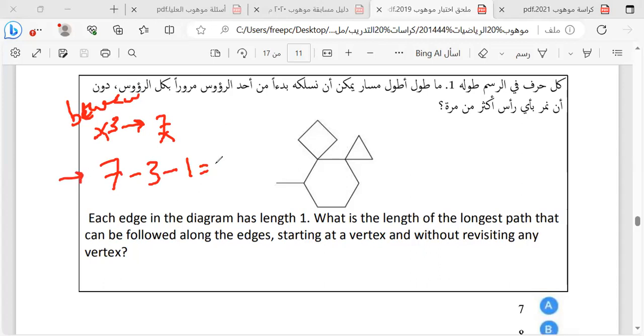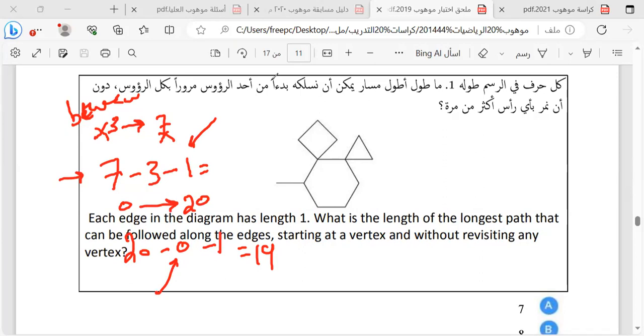Here it is from 0 to 20, so the same rule: 20 minus 0 minus 1 equals 19. It's a rule.